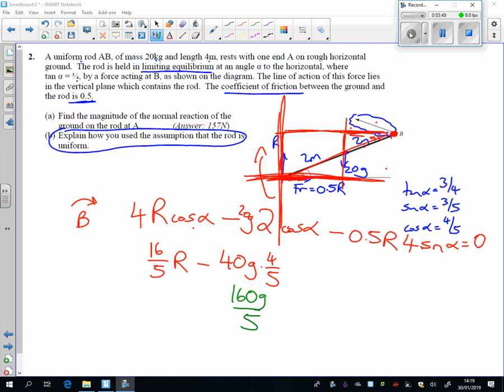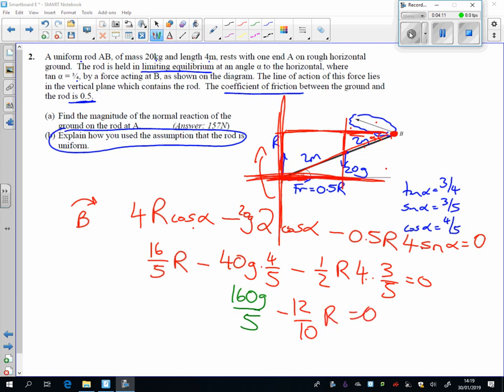I've also got sine of alpha here, so a half times R times 4, and sine alpha is 3/5. My grand total there is 12 over 10, or 6 over 5 R.